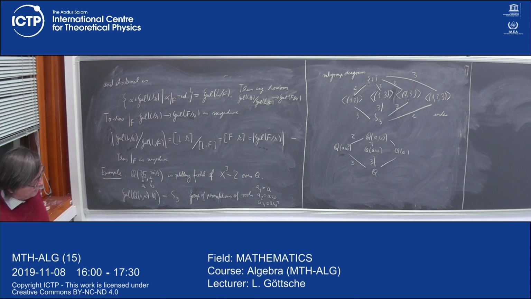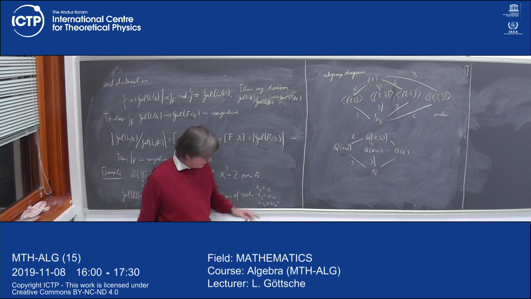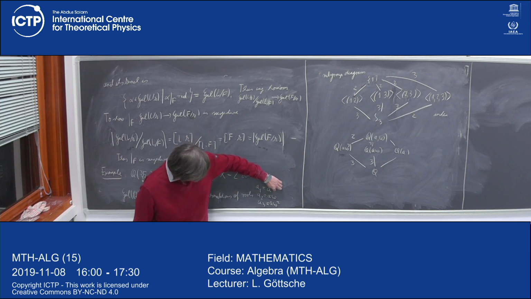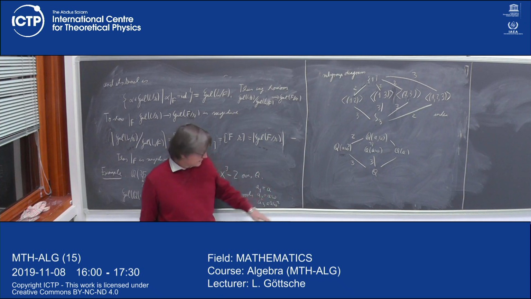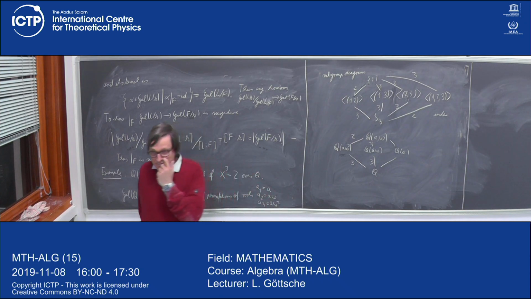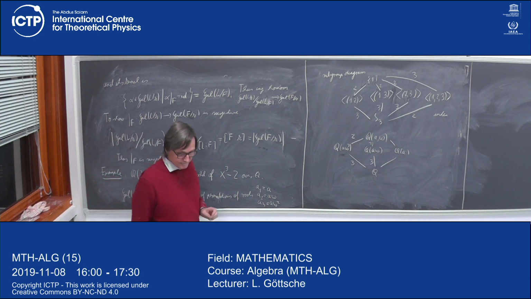Not precisely sure. However, that's not very useful, because if you think of it, if you take 1 plus omega plus omega squared, this is equal to 0. So if you take the sum, this is 0. So this doesn't actually help. But anyway, it certainly was a possible idea.